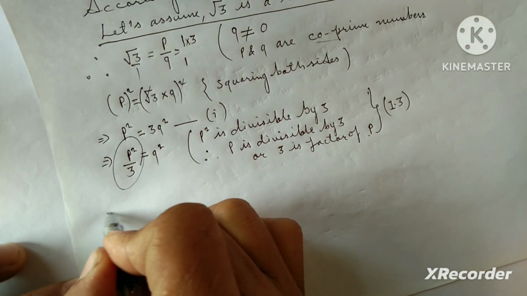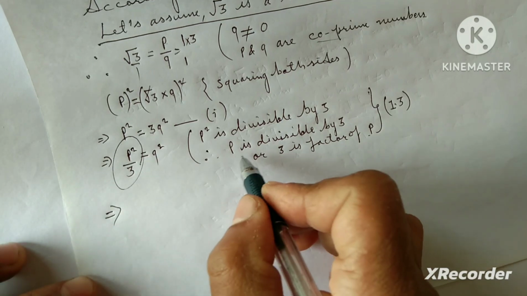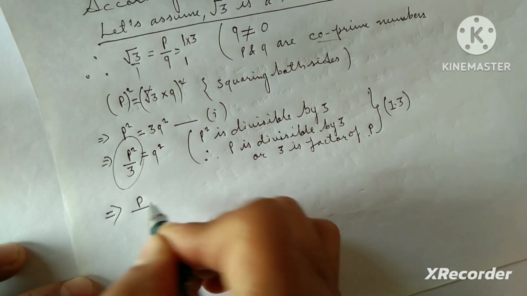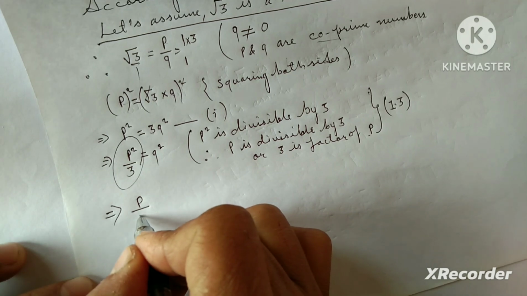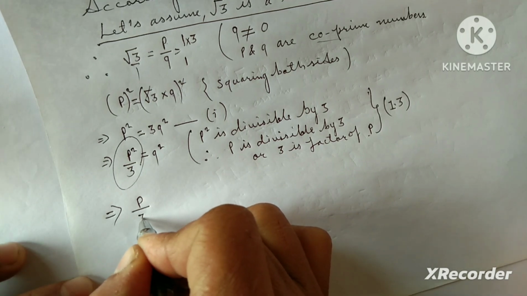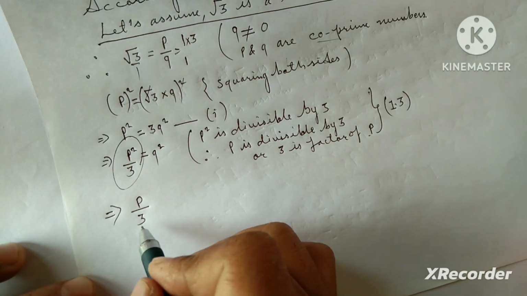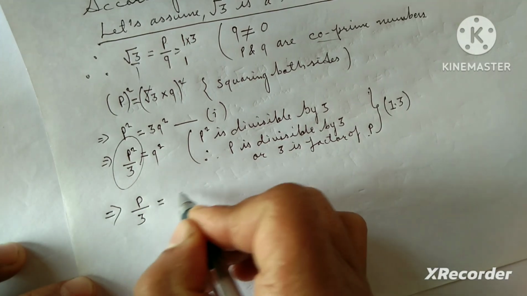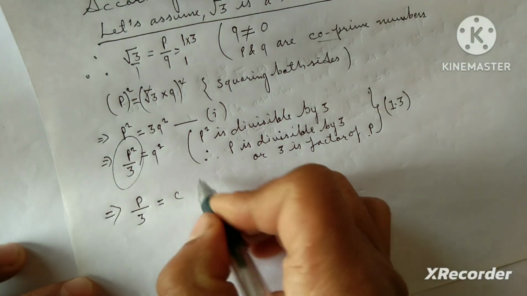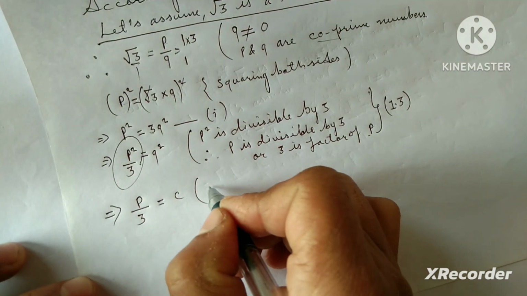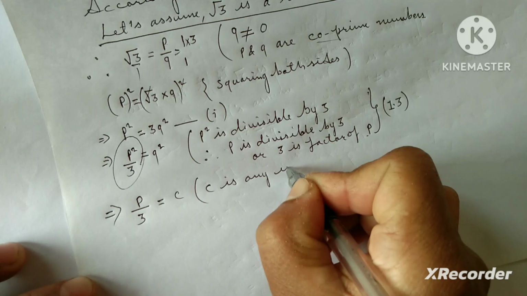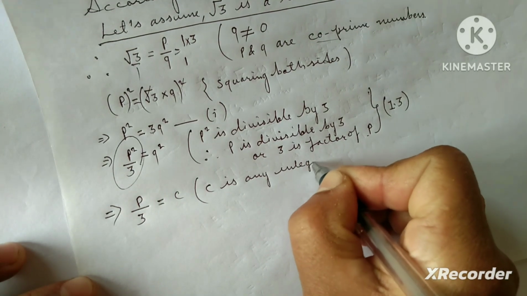Again, now from this we can write p is divided by 3. Okay, suppose 3 divides p in c times, and c is any integer.